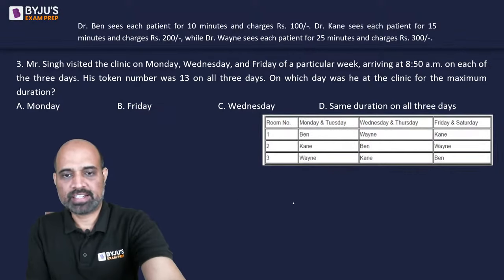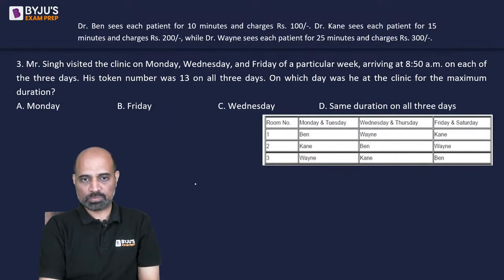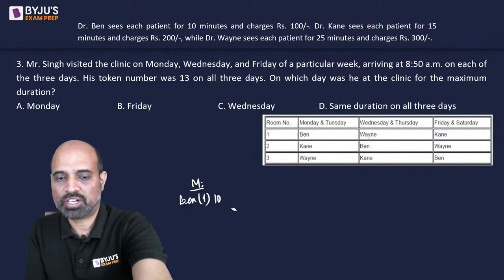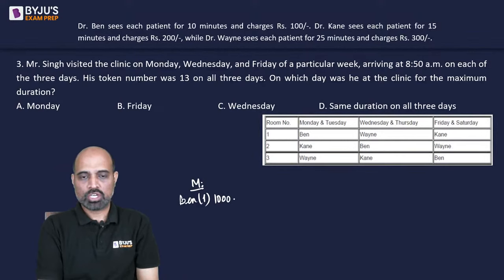Let me move a little to this side, I think I will need more space there. So if I'm talking about Monday, Dr. Ben is going to see the first patient from 10 to 10:10. I'm using a 24 hour clock so that I don't have to write down the colon every time. So 10 to 10:10 he is going to see.